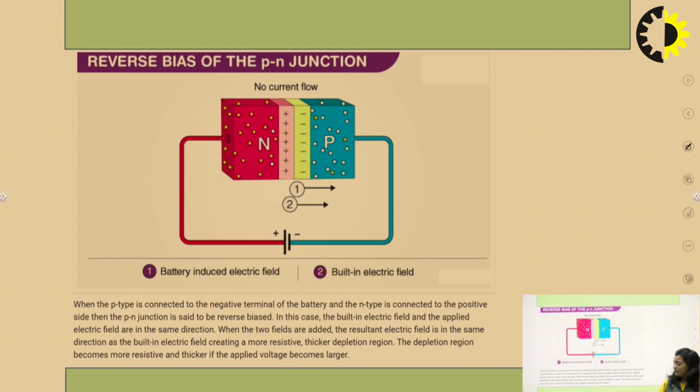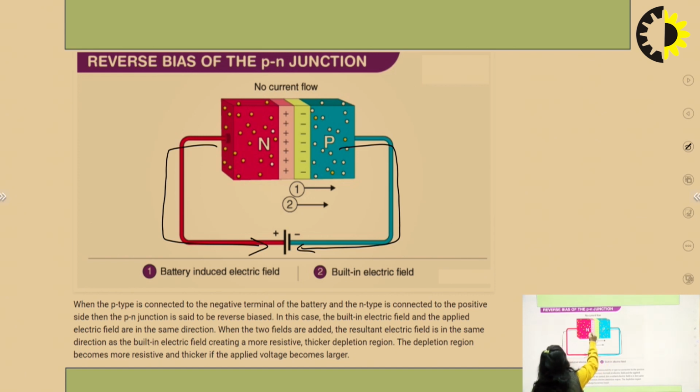Now the holes from the P side are attracted toward the negative terminal, and the electrons from the N region are attracted toward the positive terminal. So the depletion region increases; as you increase the battery voltage, the width of the depletion region increases. This is what we call reverse biasing of a PN junction.